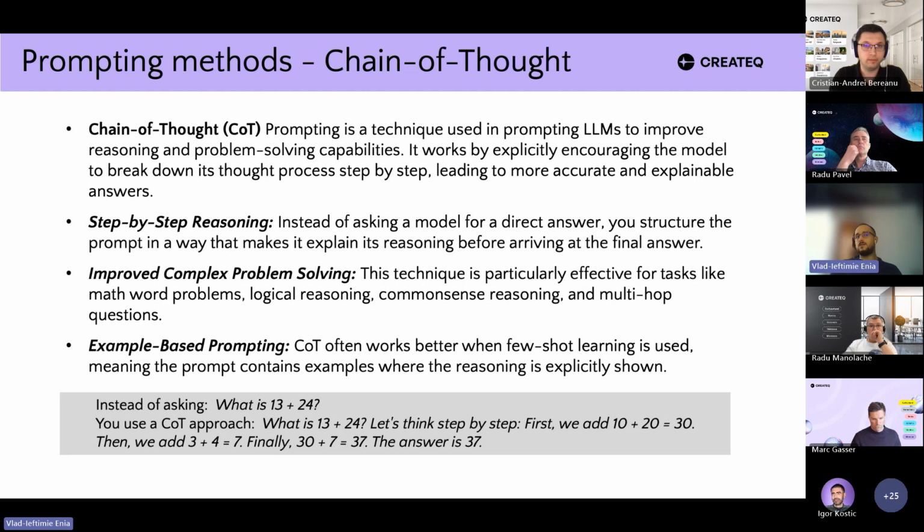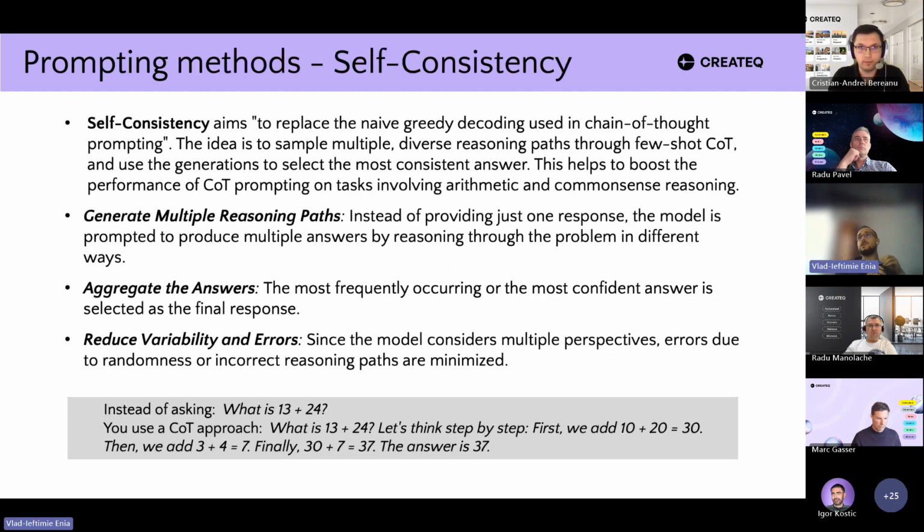For example, we have here a task where we ask the LLM to compute an addition, and since we want to receive a step-by-step response, we give a step-by-step approach. So we ask it to first add 10 and 20, and then add 3 and 4, and then give the final answer. Self-consistency is one step above chain of thought, and it involves the idea of providing multiple diverse reasoning paths.